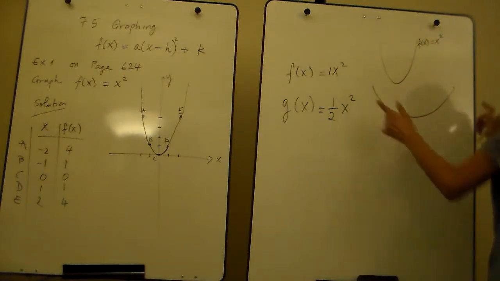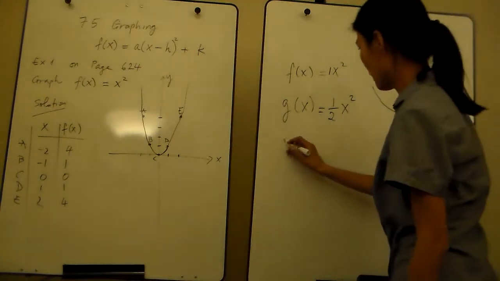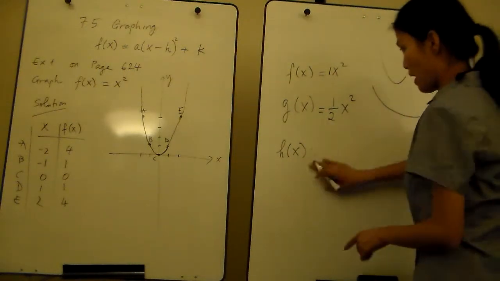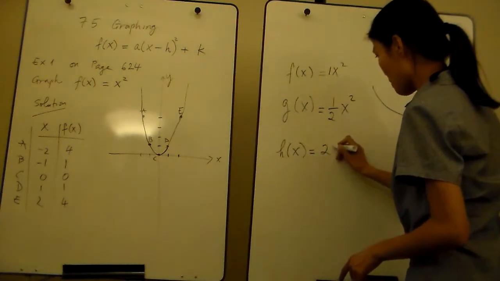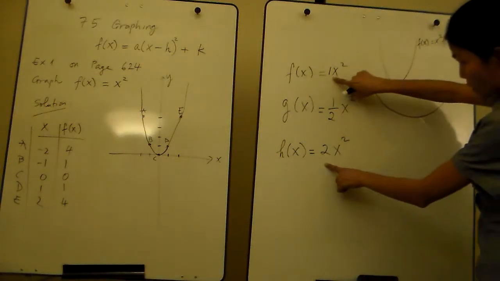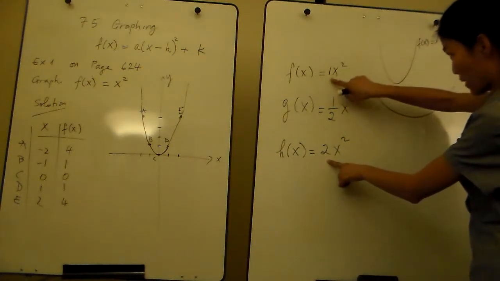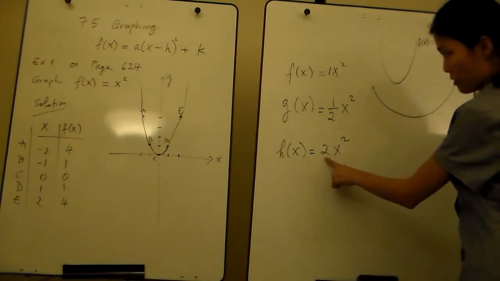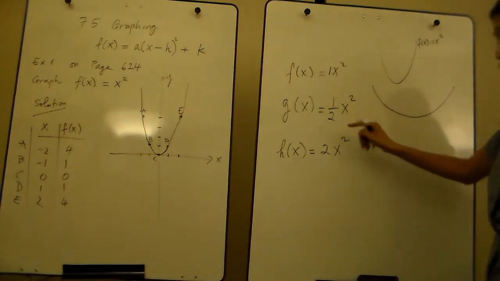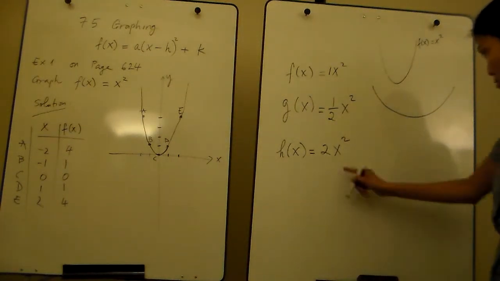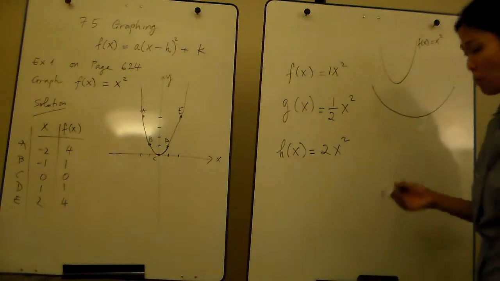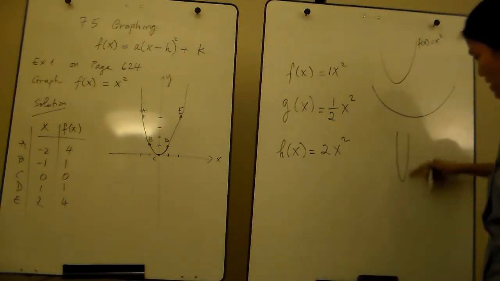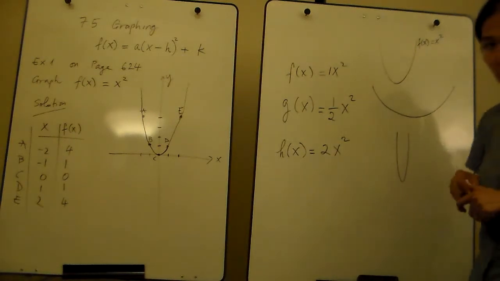You see, it's wider. So suppose you have h of x, another graph. This time you have 2 times x squared. The coefficient now is 2 versus 1, so it's more than 1. When you graph this, the graph will be a skinny parabola. I want to make sure you understand this.